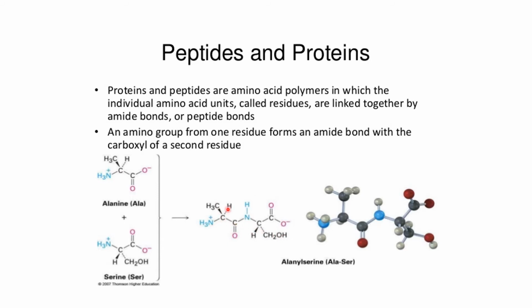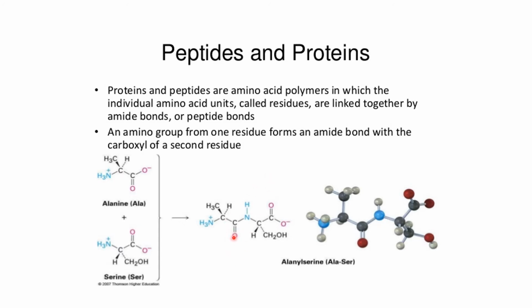Now this is one amino acid and this is the second amino acid. Which amino acid is this? Alanine. Which amino acid is this? Serine. So this alanine and serine are linked to each other by means of a peptide bond. You can see over here, C double bond O, NH. This is nothing but a peptide bond.